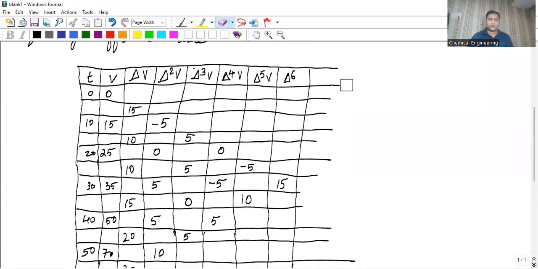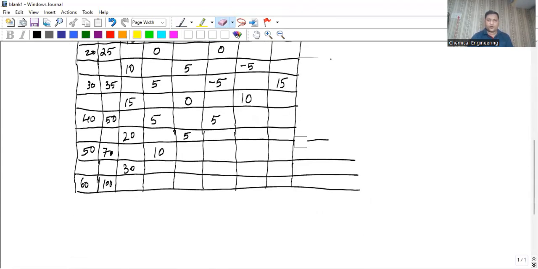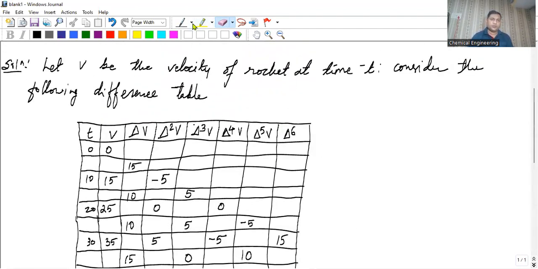Okay, so we have constructed the difference table now. And now we have to consider Newton's forward difference formula. So let us try to construct Newton's forward difference formula and the terms which are important.